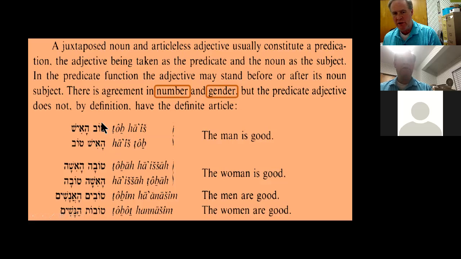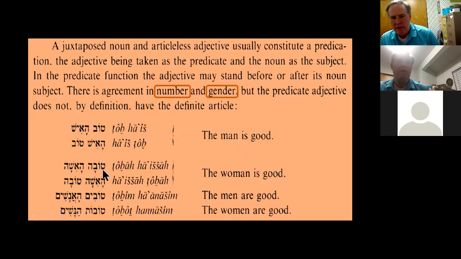So this says good is the man, or ha'ish tov, the man is good. You can say it either way. Tov ha'ish or ha'ish tov is the man is good. If you said ha'ish ha-tov, it means the good man. But if there's not a ha, then you need the verb in there. In this case, the verb is. So the man is good instead of the good man.